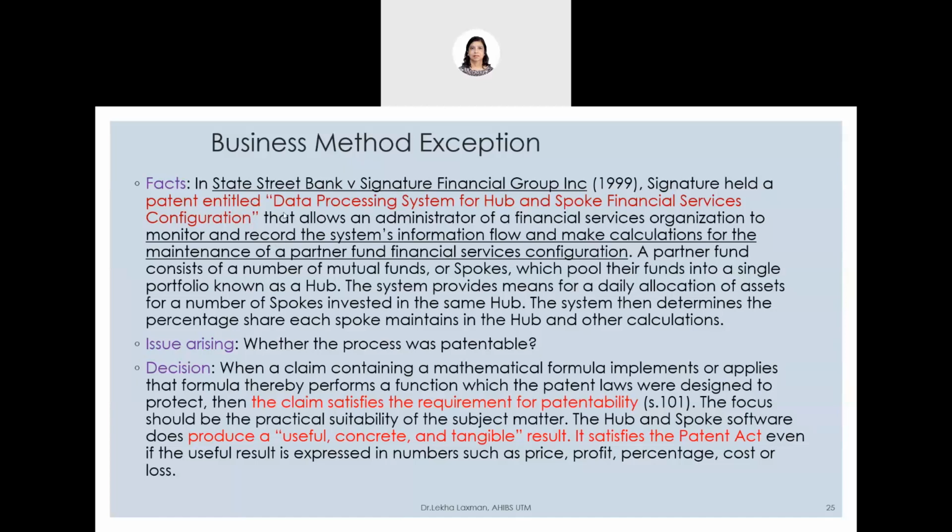Right, now let's look at this case, State Street Bank versus Signature Financial Group. All right, now what happened in this case was they had a data processing system for financial services. So that was like a single portfolio known as Hub. And they've got these different assets that go into where people invest, and it goes into different spokes.